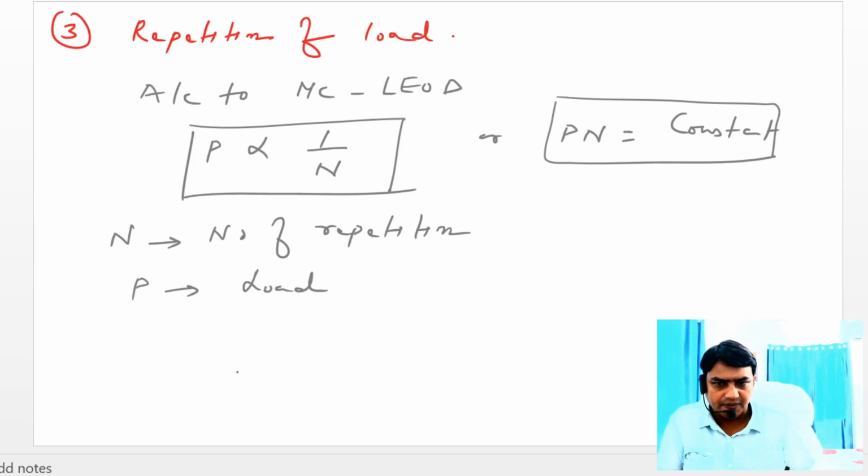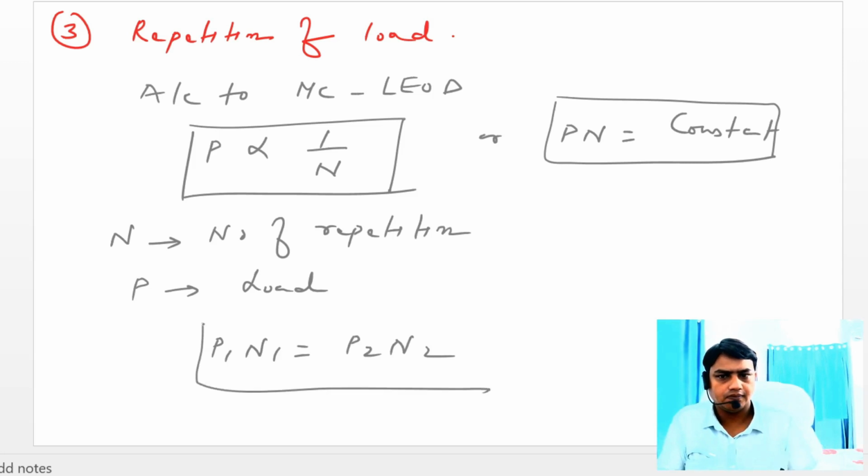If I apply at two sections, we can write P1 N1 is equal to P2 N2. So this is the third parameter.